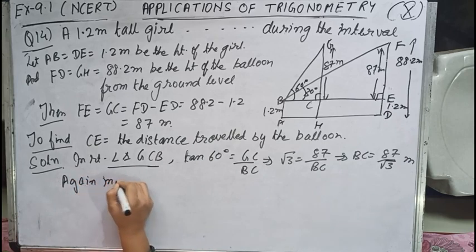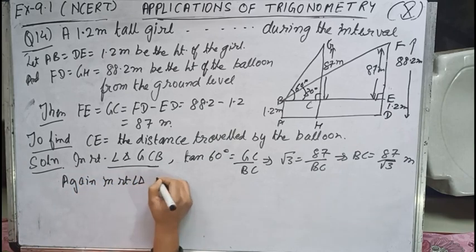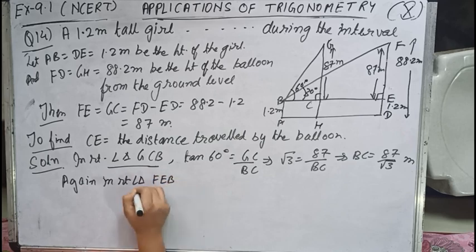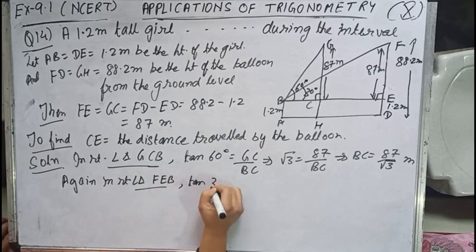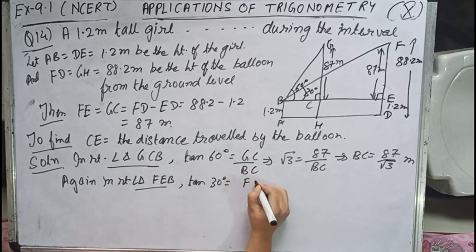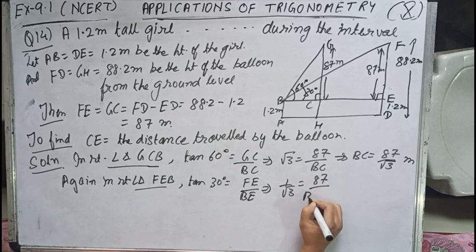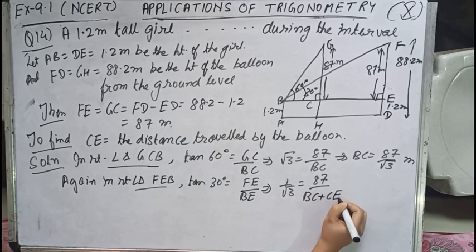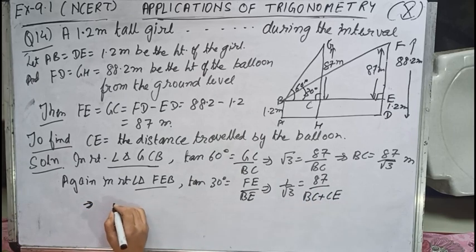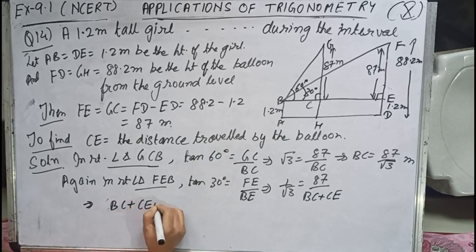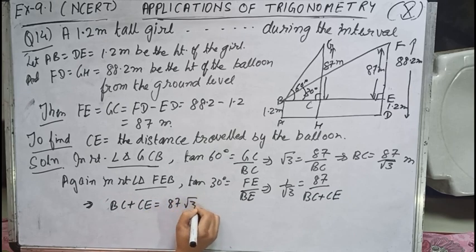Again, in right angle triangle FEB, tan of 30 degree equals FE by BE. This implies 1 by root 3 equals FE, which is 87, and BE is BC plus CE. This implies BC plus CE equals 87 root 3.